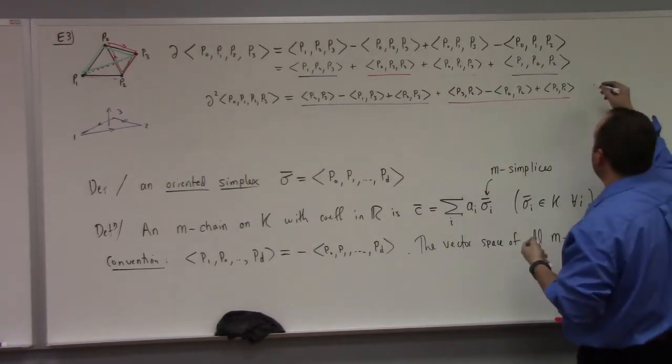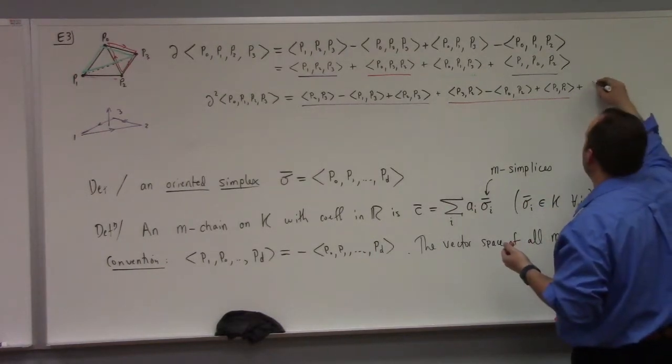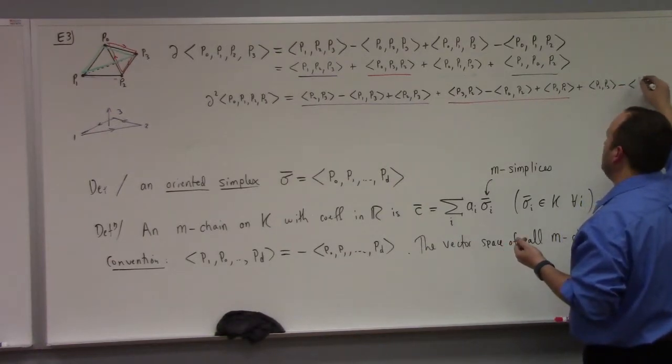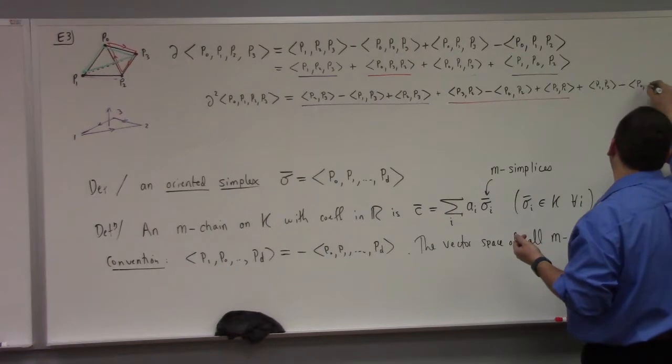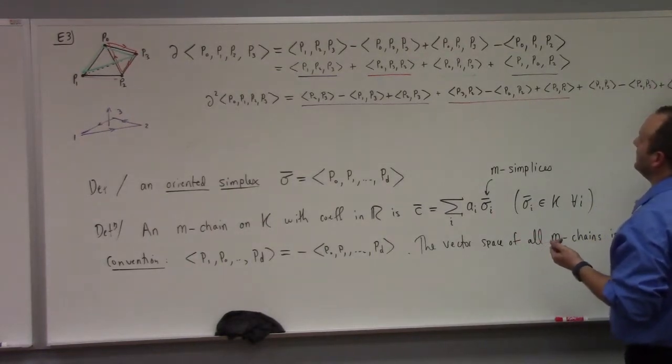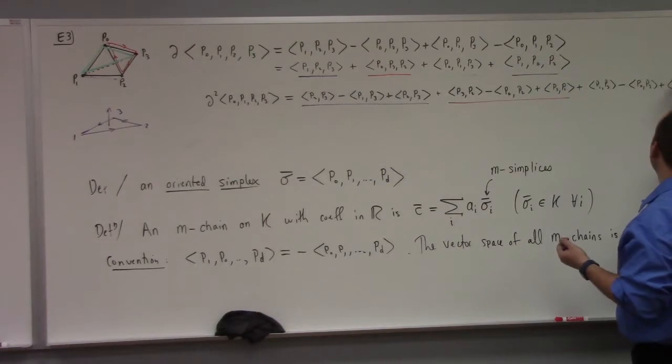And then the green: P1 P3 minus P0 P3 plus P0 P1.